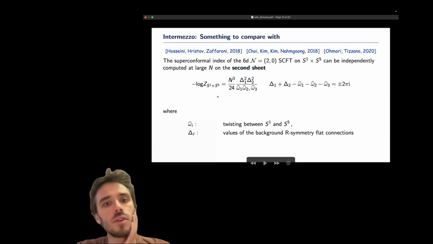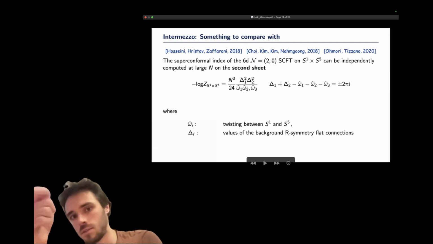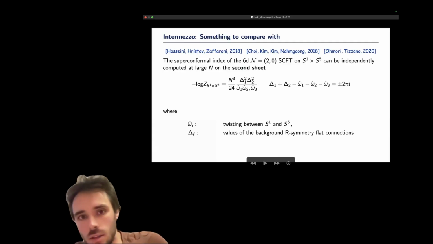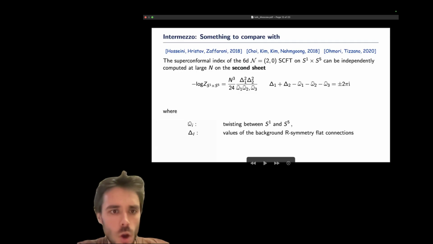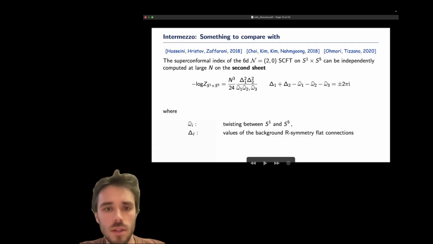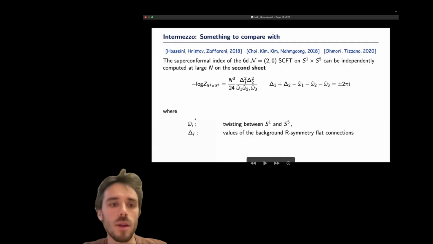So this index is written down in terms of some fugacities. I have dressed the index with some numbers which are multiplying the conserved charges. And so the omega hats are denoting the possible twistings between the S1 and S5. So this is only topologically a product like this. It's actually a twisted product, can be in most general. So these omega hats are denoting these twistings.